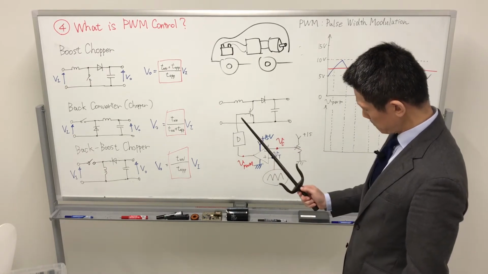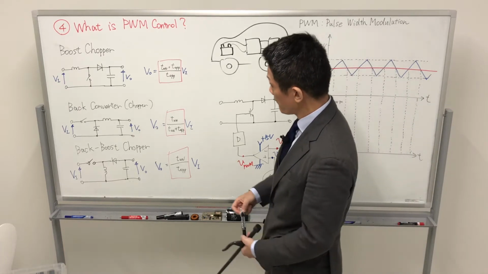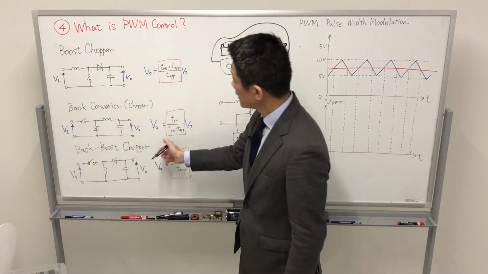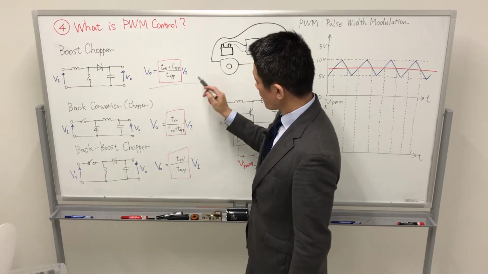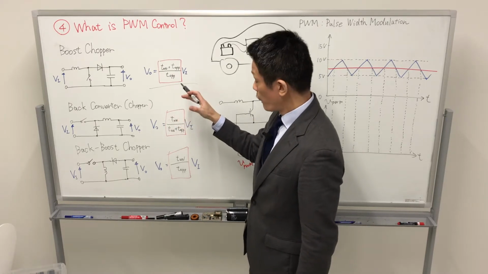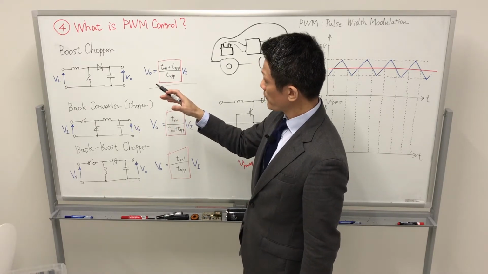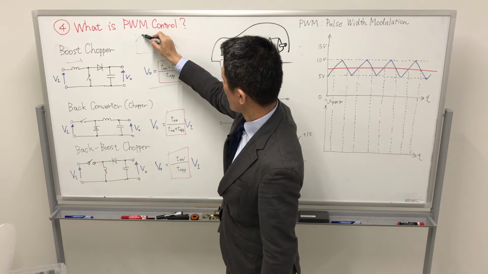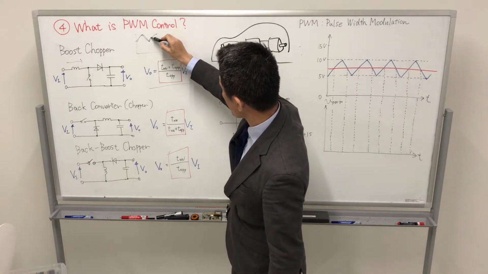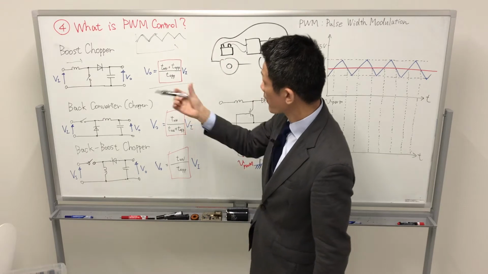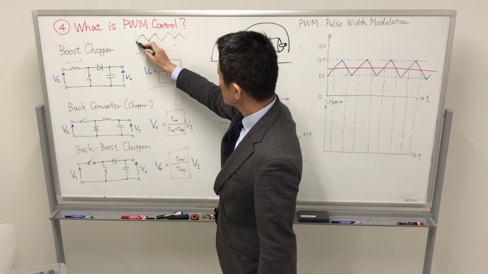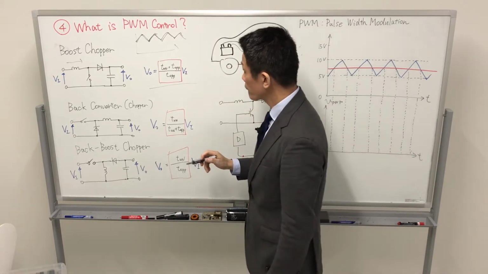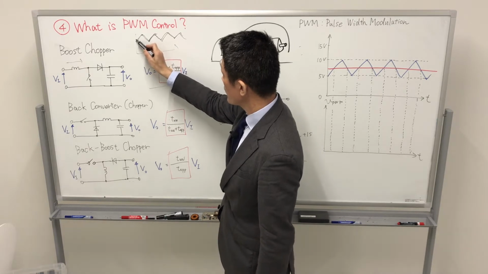But the important thing is this discussion. Of course, this is a very maniac discussion, and this equation is only for the case where the inductor current flows like this, turn on and turn off, turn on and turn off. This is cycling, so the inductor current is shaped like this, but it is a continuous current.